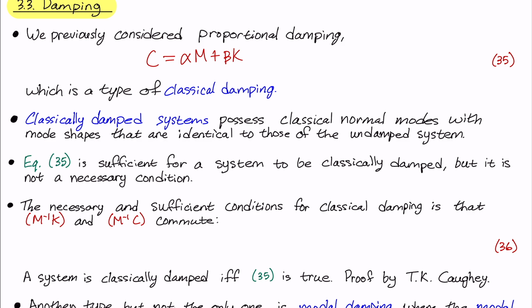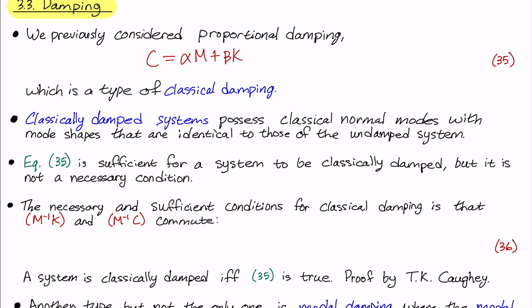When the system is not classically damped, then we cannot do this, actually. And we'll deal with that later in the class when we deal with state space. All right, so equation 35 here is a sufficient condition for a system to be classically damped, but it's not the necessary condition, meaning that there can be other types of damping matrices that are classically damped.